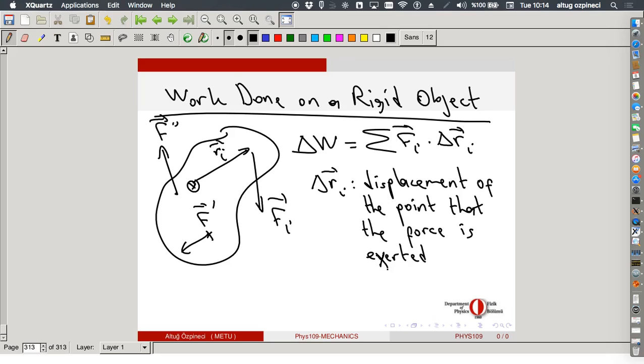So I have this rigid object. I exert a force over there, let's say in this direction. So this point is displaced by this much. Now let's look at this point. Let me draw a clearer picture.